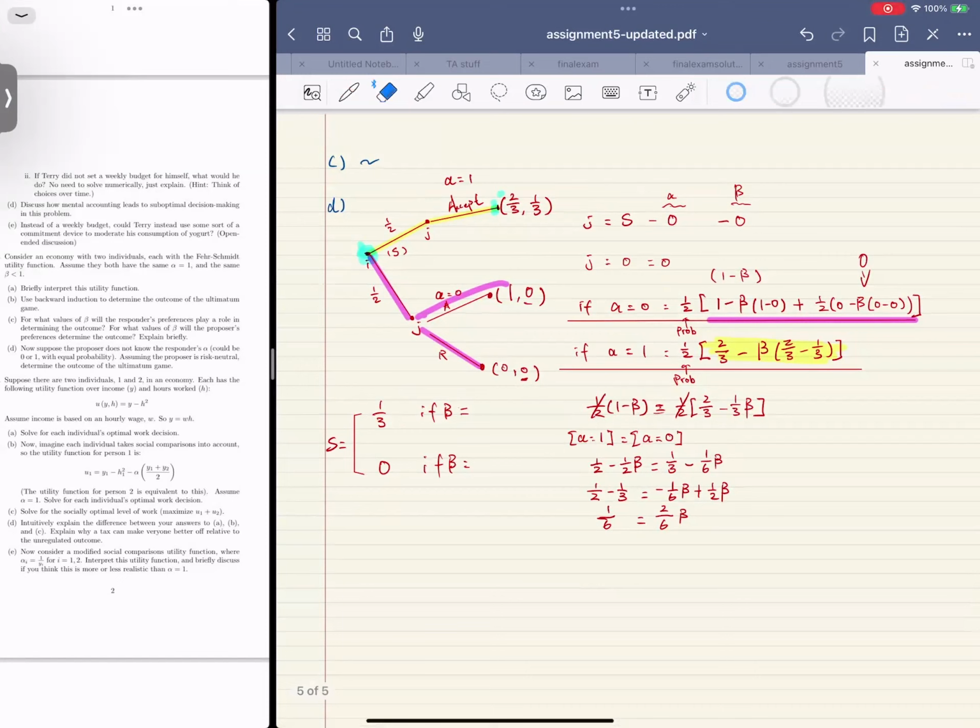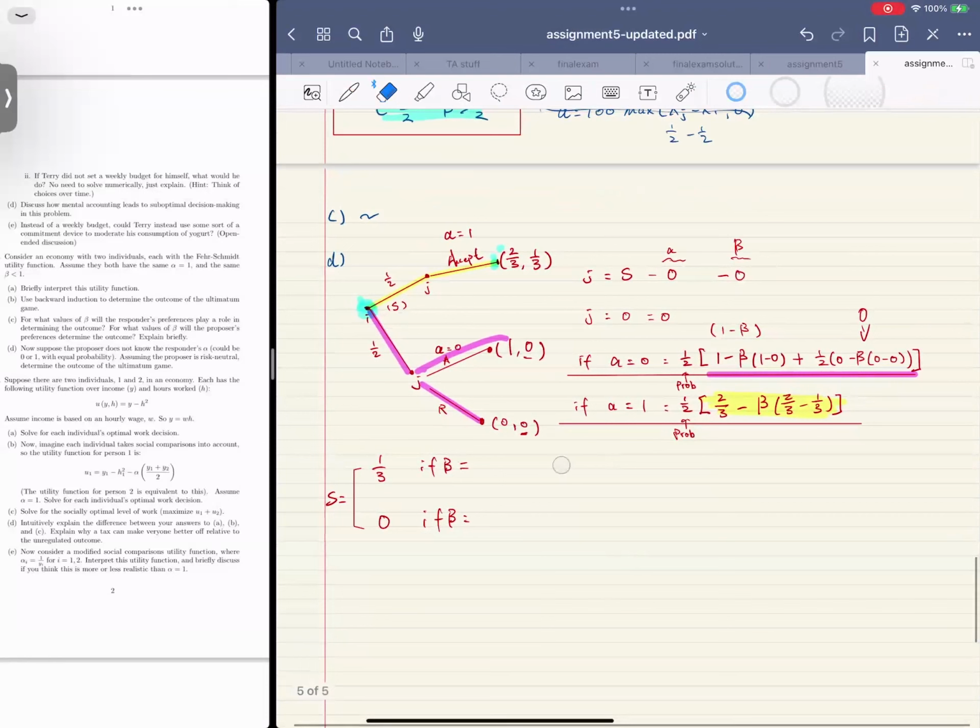Sorry, guys. Scrap this, scrap this as well. This shouldn't be 1/2. The 1/2 is already here. This is the problem.